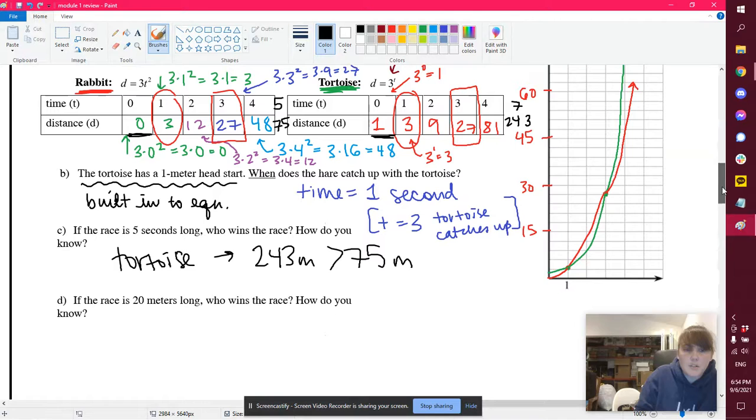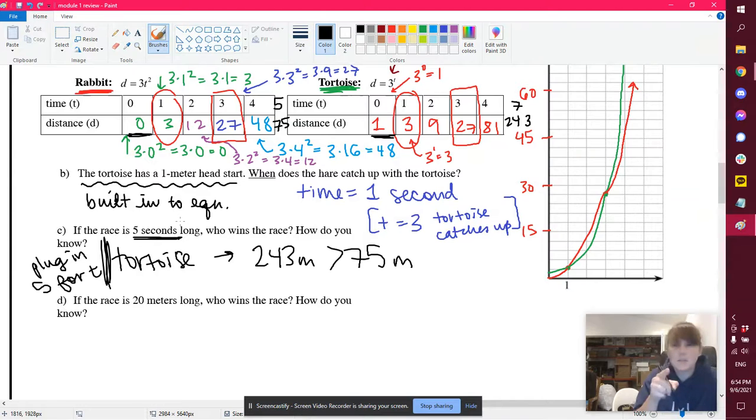And then we say if the race is, so this is seconds, right? This is when we plug in 5 for t, right? Because it's seconds. Part D says if the race is 20 meters long, meters, that's the Y, right? Or the D. Who wins the race? How do you know? So that, instead of plugging in 1, 2, 3, 4, 5 and seeing which one's taller, this one we're going to plug in 20 and see which one it hits first.